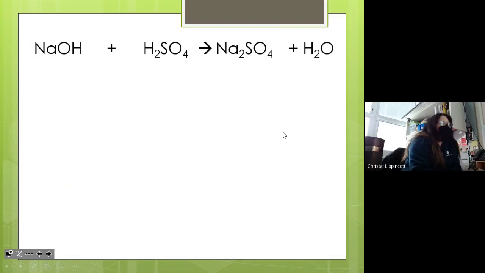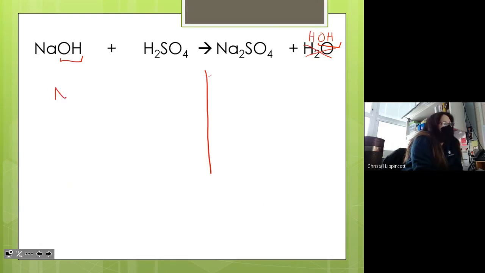All right, so here we go. I have over here a polyatomic ion. And if I rewrite this as HOH, I have that same polyatomic ion over here.